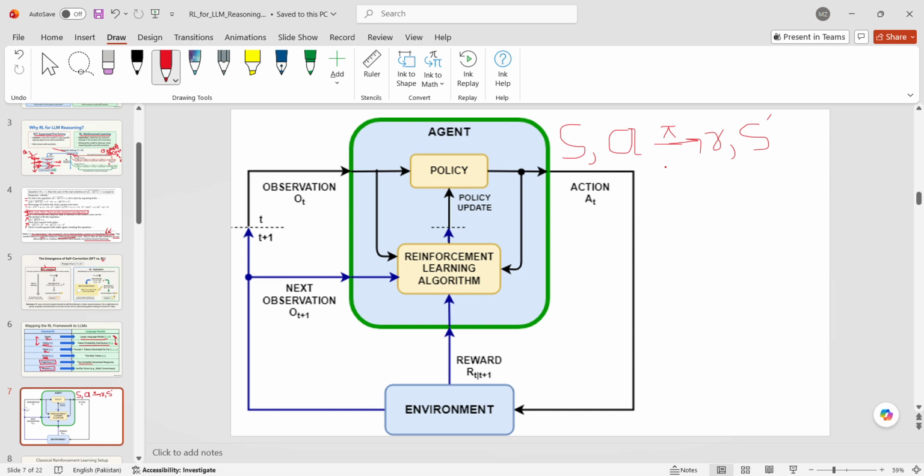The answer is that we do not know the correct policy or any policy right now. We just randomly initialize a policy and we ask the agent to take actions in the environment with respect to this randomly initialized policy.